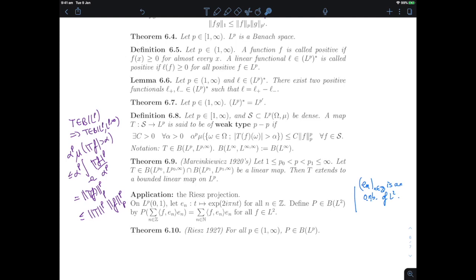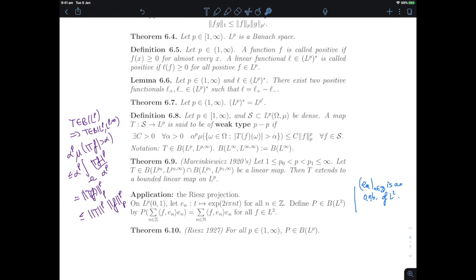Because really what Riesz's theorem tells us is that an extremely simple infinite dimensional version of a diagonal matrix gives rise to a bounded map on L^p, and then you'll get all sorts of other bounded maps from the boundedness of that very simple diagonal matrix.